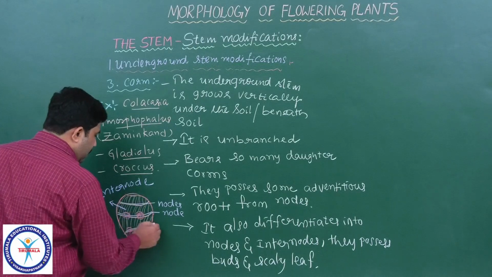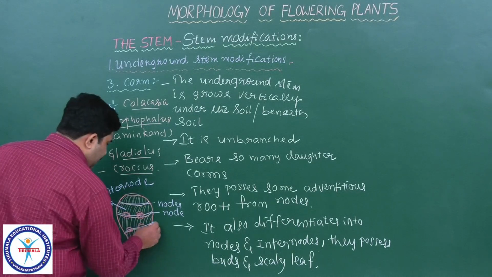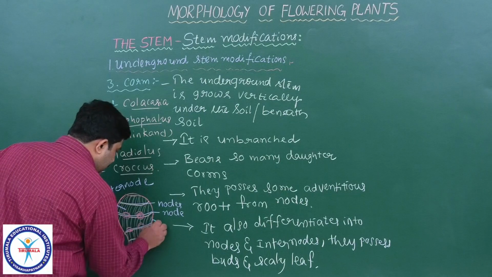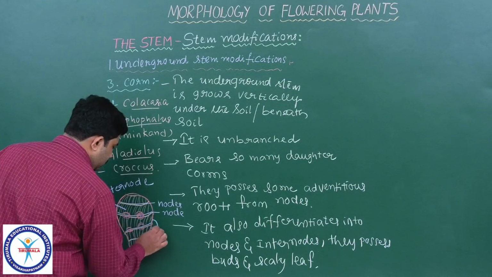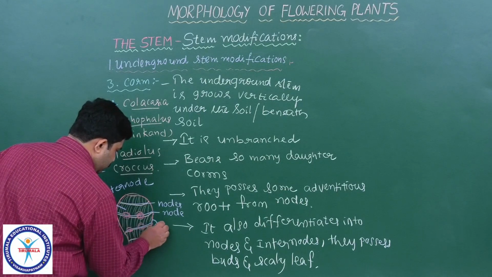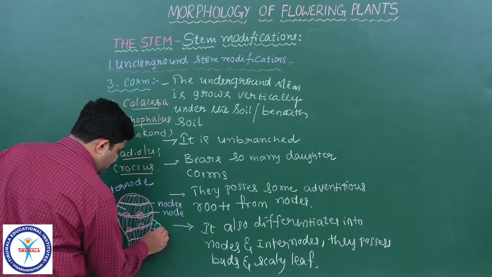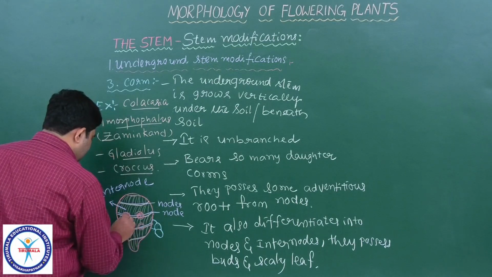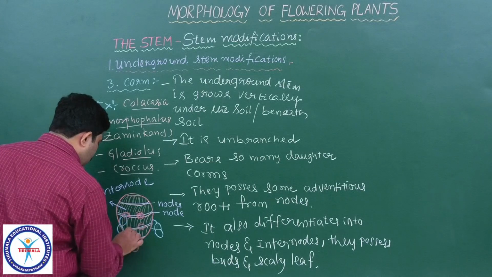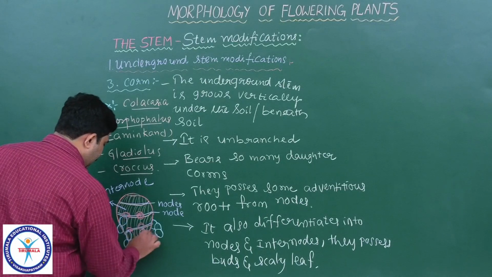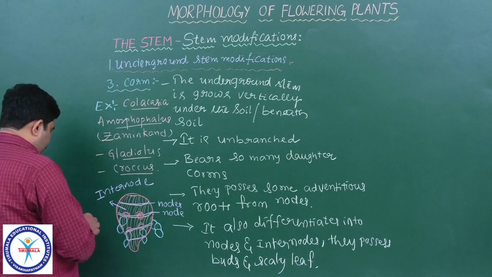And from the margins of this Colocasia-like corm, we see young buds developing into daughter corms. See here. Like that, a number of daughter corms are going to be developing.